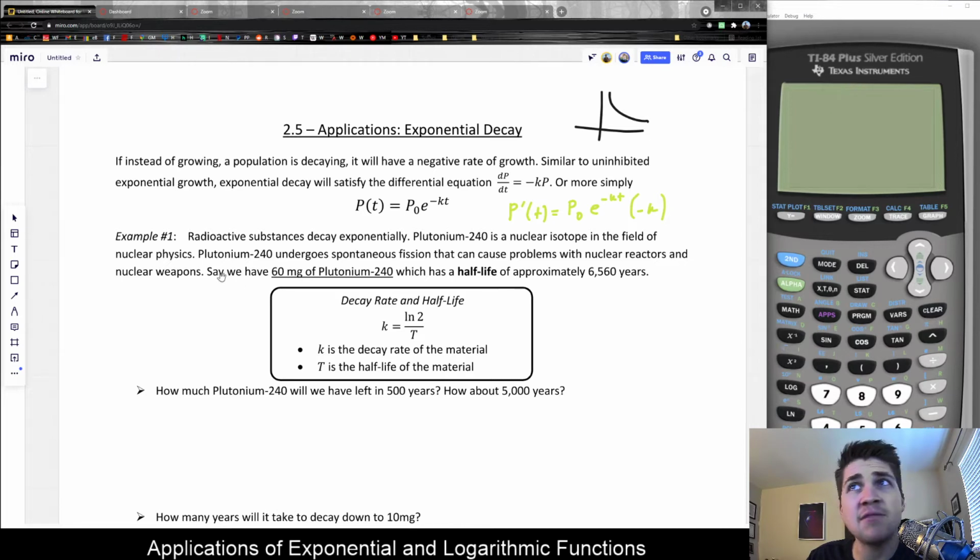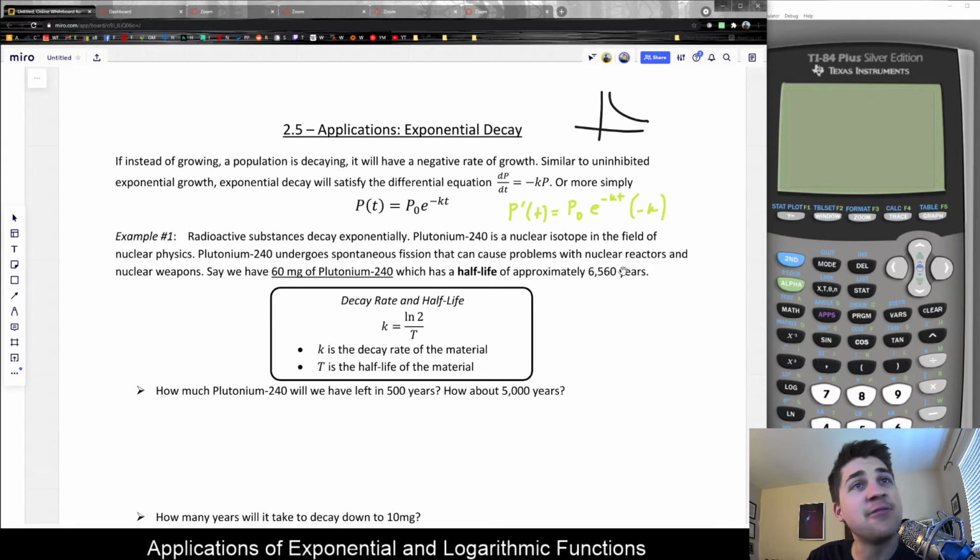It says radioactive substances decay exponentially. Plutonium-240 is a nuclear isotope that undergoes spontaneous fission, which could cause problems with reactors. But say that we have 60 milligrams of plutonium-240 with a half-life of approximately 6,560 years.